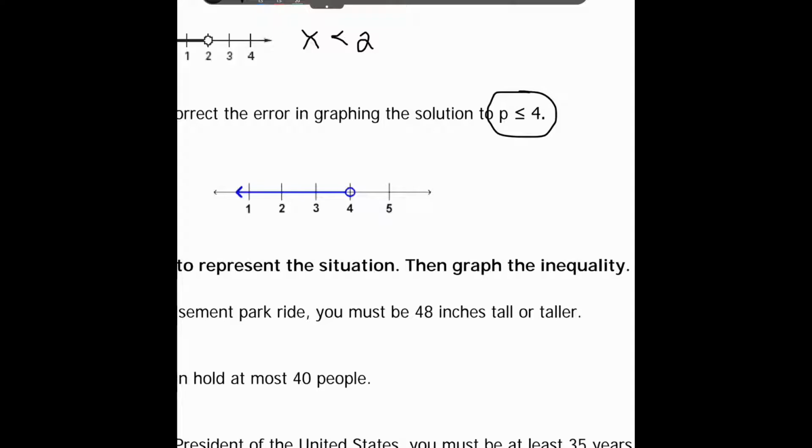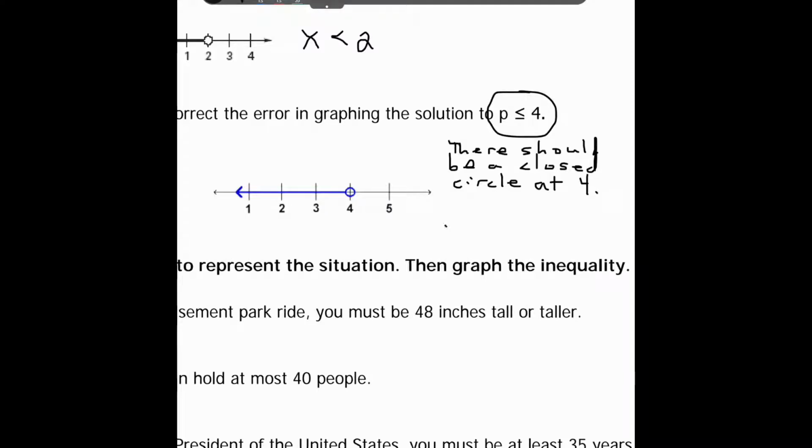But I'm noticing the problem here is that we have an open circle, which is not the case. There should be a closed circle at 4.